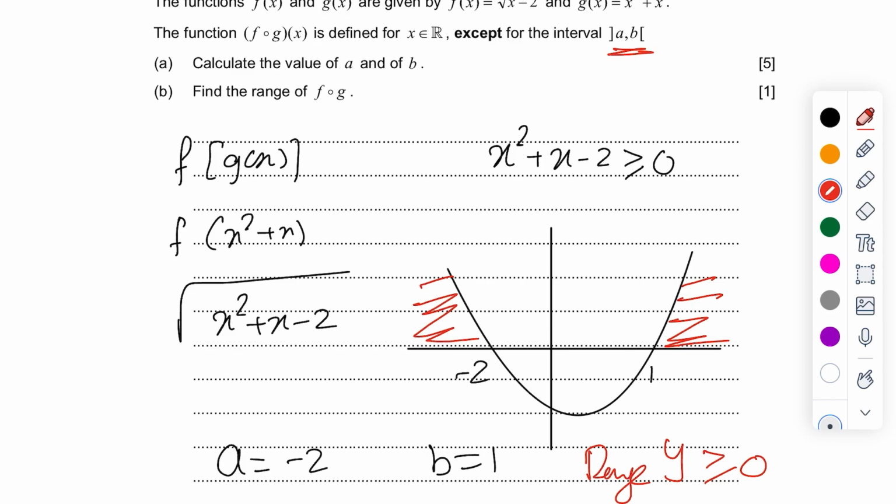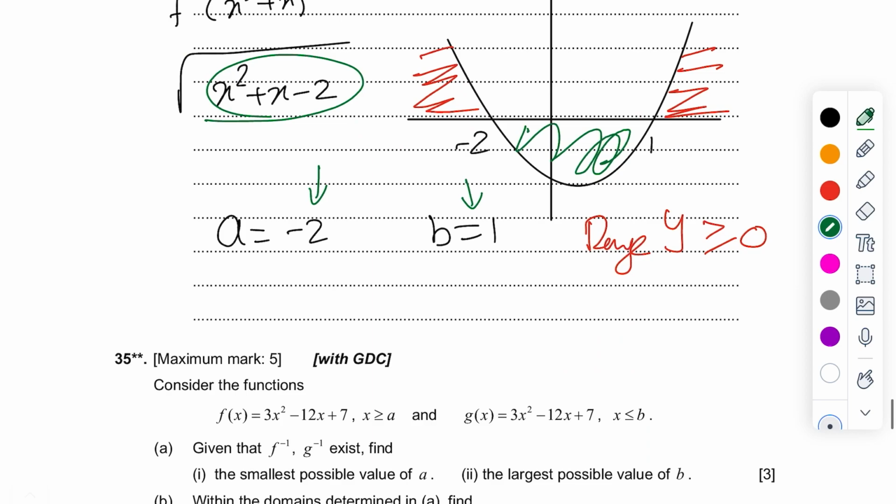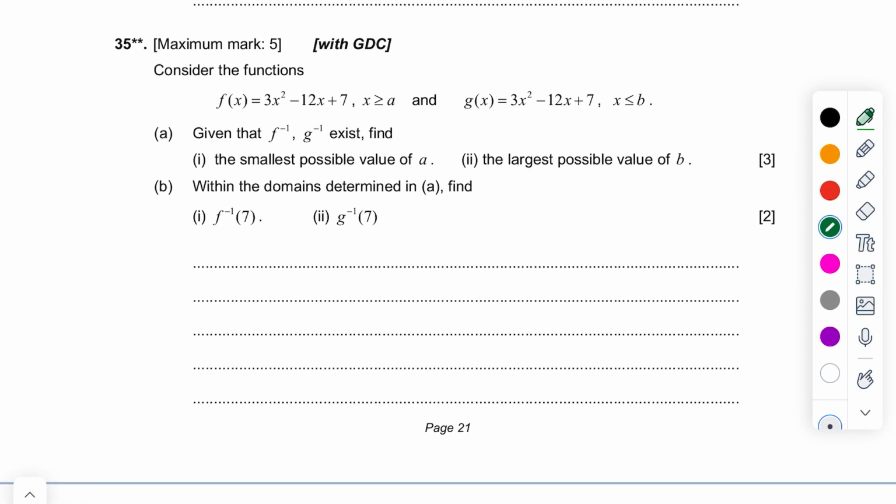The reason is that the square root of this is not possible for negative numbers. So I took a as negative 2 and b as positive 1, so it is always positive for values less than negative 2 and greater than 1. So the range is y greater than or equal to 0. Question number 35.